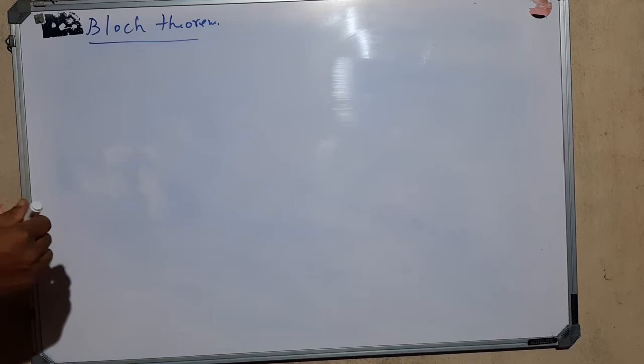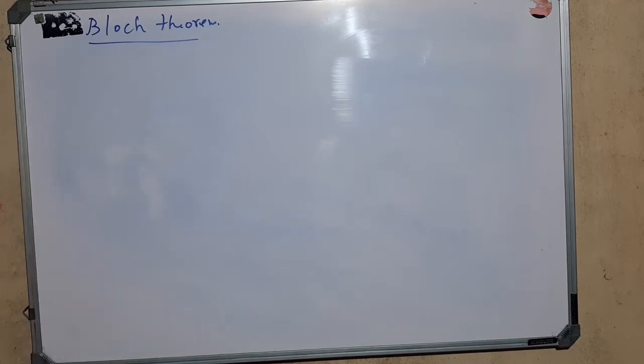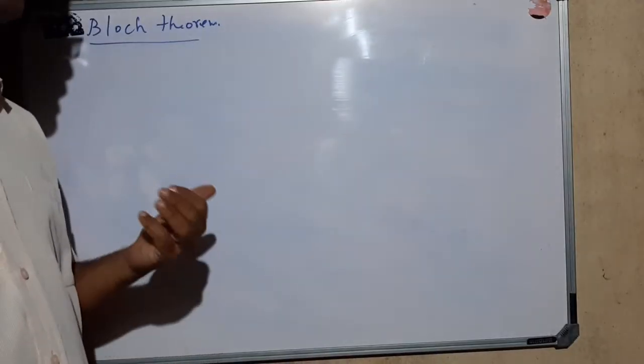See, this Bloch theorem is actually not a statement as such. It is only a mathematical statement regarding the form of the one electron wave function. Electron is a material particle. Therefore, the motion of the electron can be described in terms of wave function.